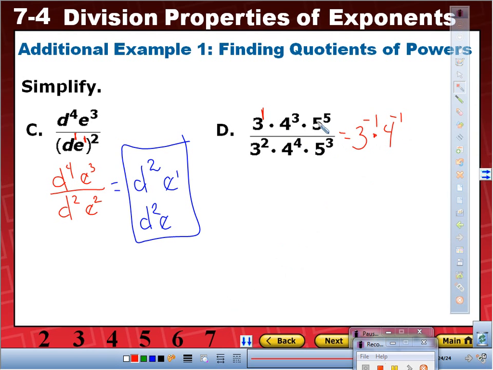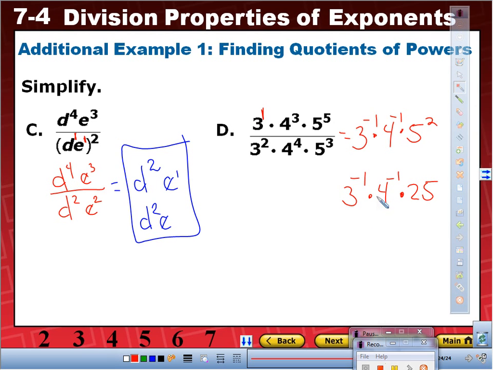Times. 5 to the 5 minus 3, that's 2. And if we were to square that, that becomes 3 to the negative 1 times 4 to the negative 1 times 25. Is that correct? Now check this out. This looks kind of weird, doesn't it? The negative exponents and so on and so forth.